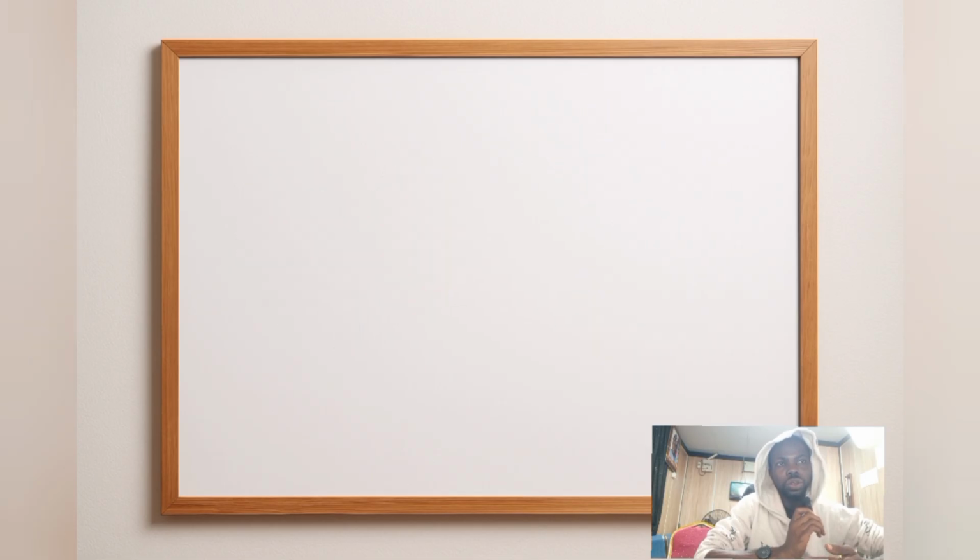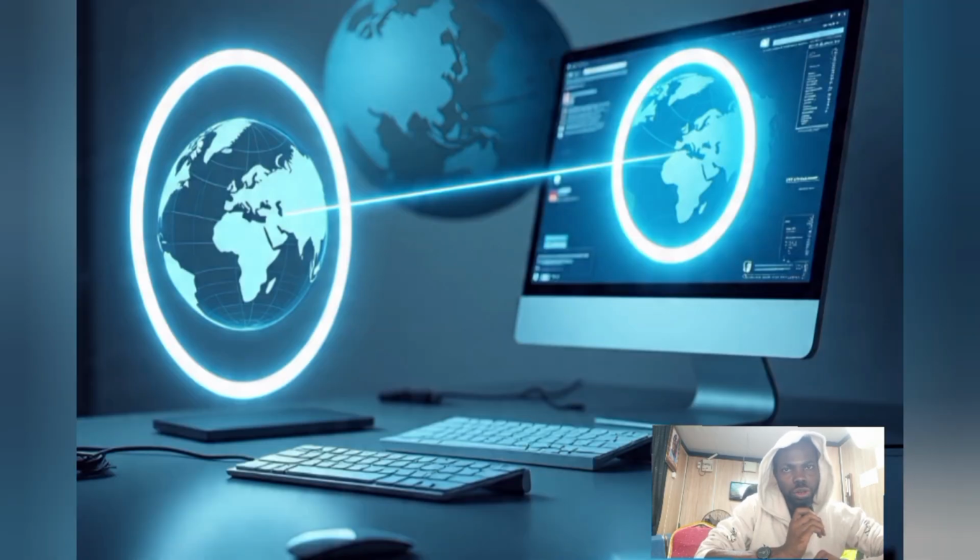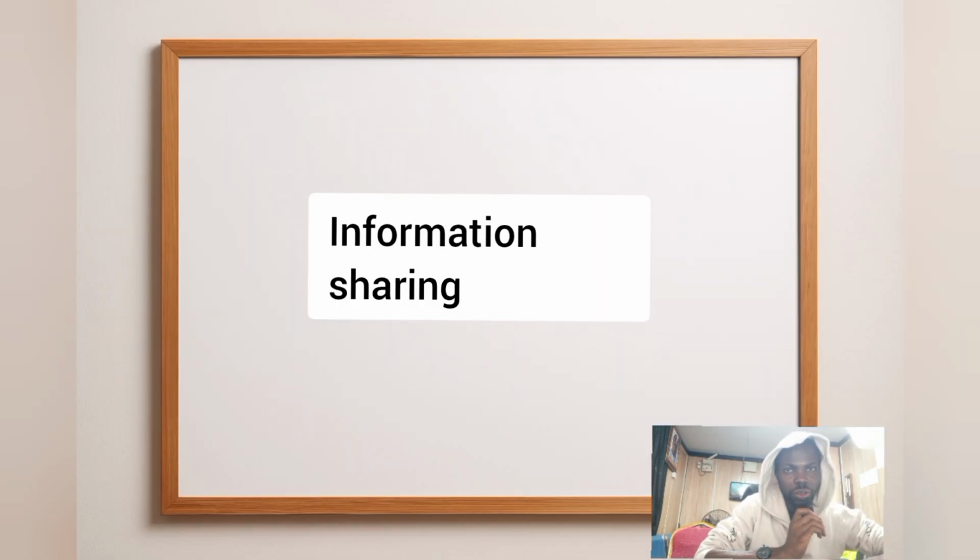All right. So if we establish a kind of gathering where we meet, we exchange numbers, we have established a network. So network is another word for connection. Now, when we say interconnected network, it's a way of connecting a computer to all the computers in the whole world for the purpose of information sharing and all of that.